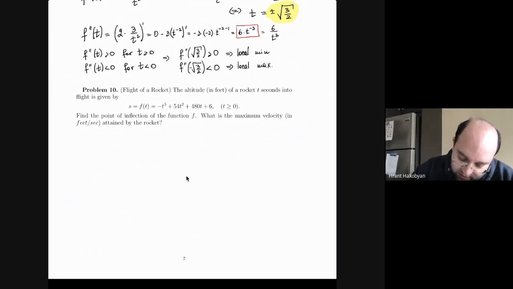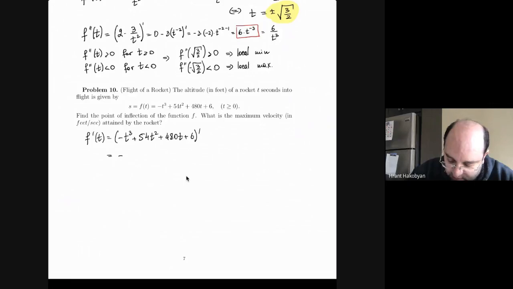So let's find the derivative. f prime is equal to the derivative of this expression, and it's equal to negative 3t squared plus 54 times 2t plus 480.